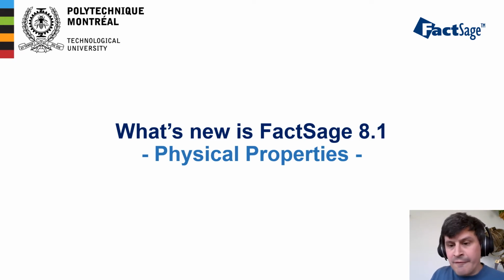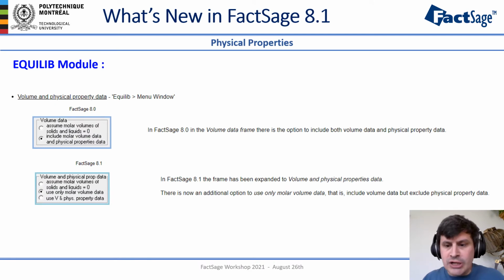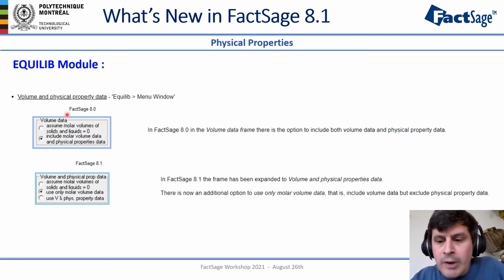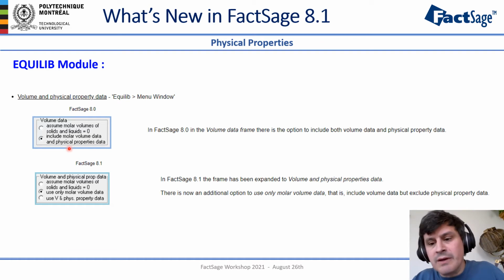Now for physical properties, a small but important change at the interface level is that before 8.1, the computation of physical properties was automatically linked to the computation of the molar volume properties and vice versa. So if you wanted to compute volumetric properties, you had to have physical properties added too.